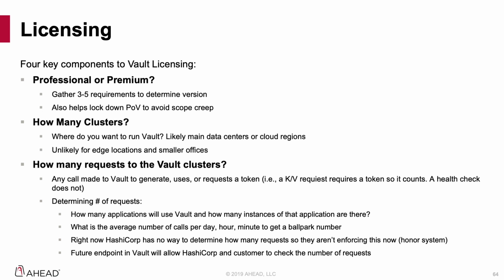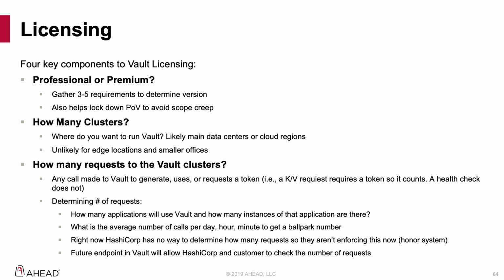There will be a future endpoint in Vault coming out, I think in the next version, that will allow both HashiCorp and the customer to check the number of requests going to the Vault cluster. That will give you the ability to say, oh, we're way under the number of requests, or send that to some kind of logging.